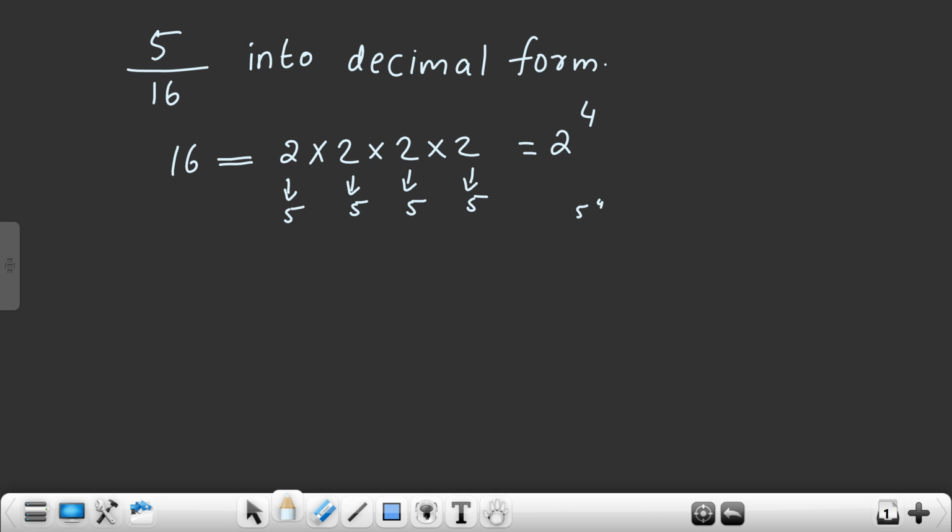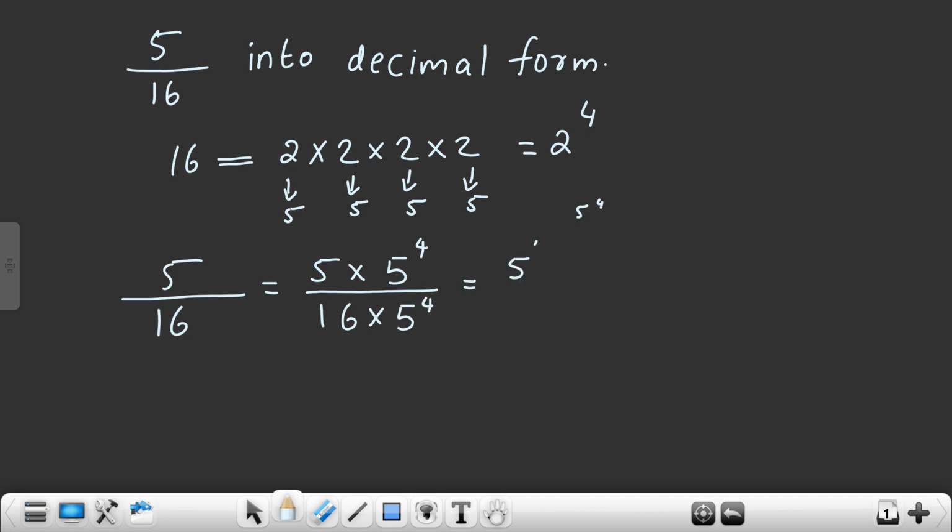5 raised to 4. So 5 by 16 is equal to 5 into 5 raised to 4 by 16 into 5 raised to 4. That is 5 raised to 5 by 2 raised to 4 into 5 raised to 4. Or directly multiply 16 into 5 into 5 into 5 into 5.